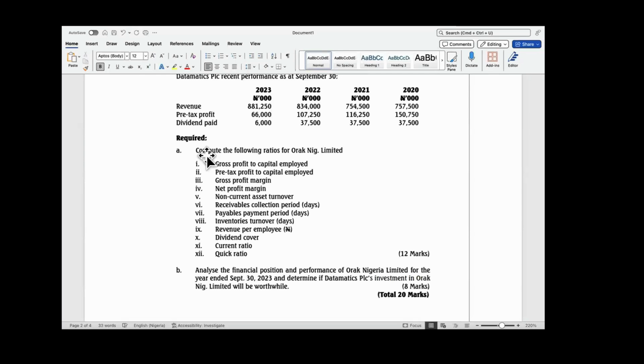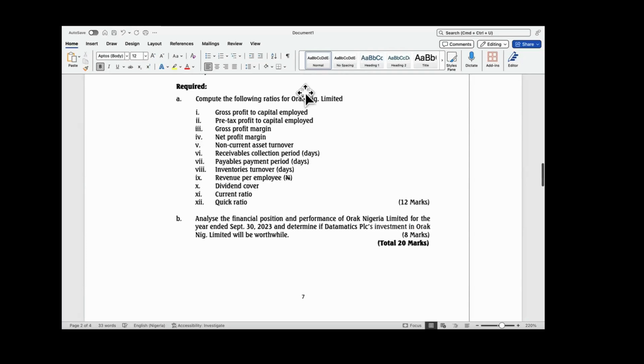So this question asks you to compute the following ratios for ORAC Nigeria Limited. There are quite a number of ratios, 12 ratios for 12 marks. Of course, that goes to show that it is 1 mark per ratio, right?